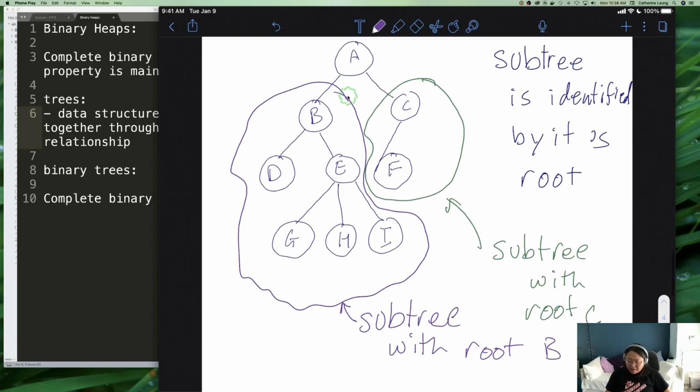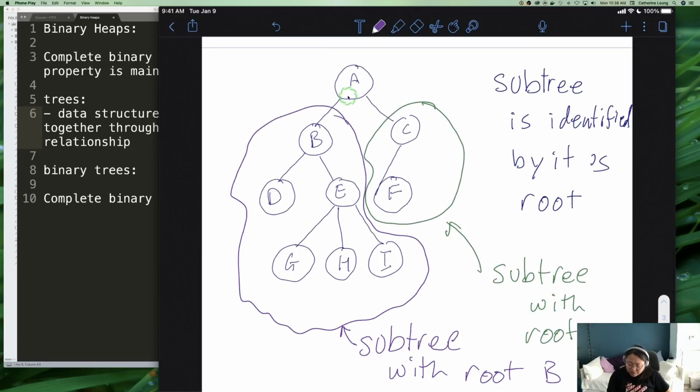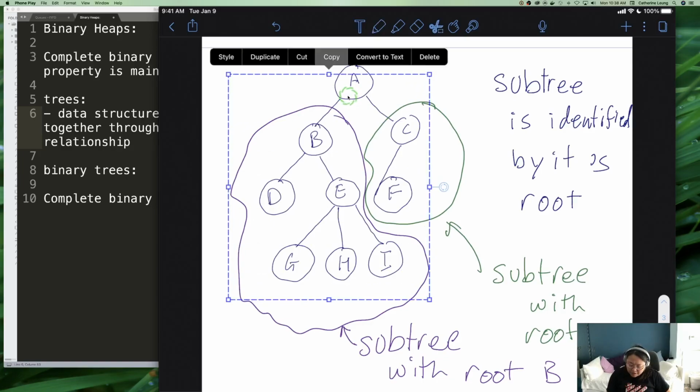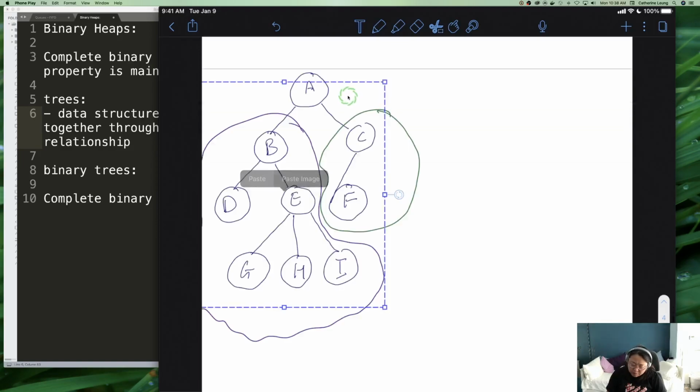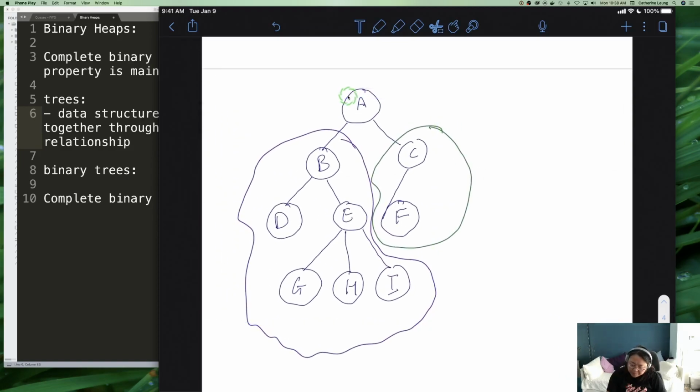Now, this is where this gets kind of interesting. So let me copy this over here, and this is where some of the confusion often lies. If we take a look at the subtree over here, what is the depth?